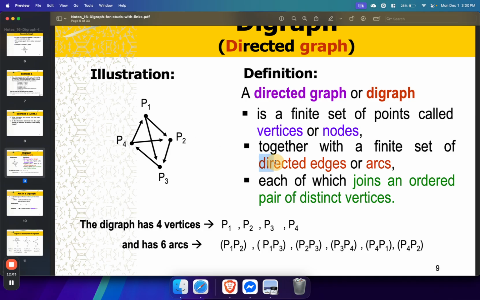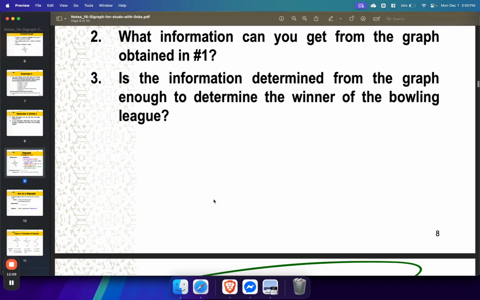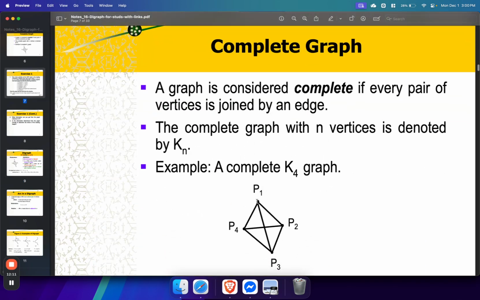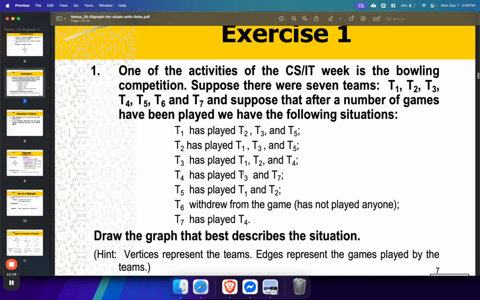So when you have a directed edge, you can also start calling them arcs. So to recap, if you just have a line going from P1 to P2 or any vertex A to vertex B, if you have a line with no arrow, that's just called an edge.